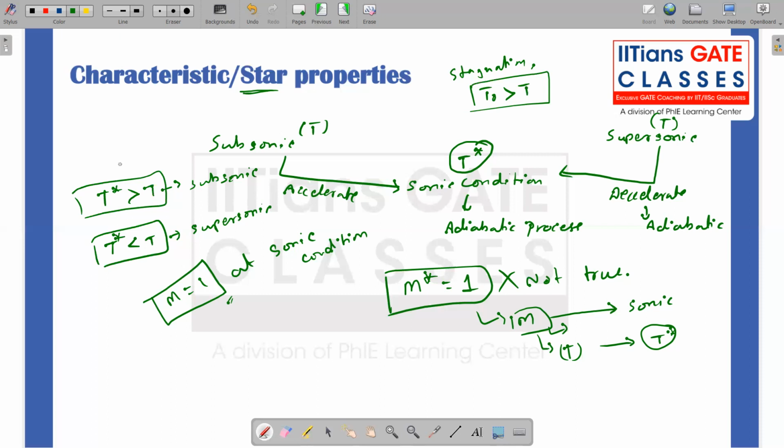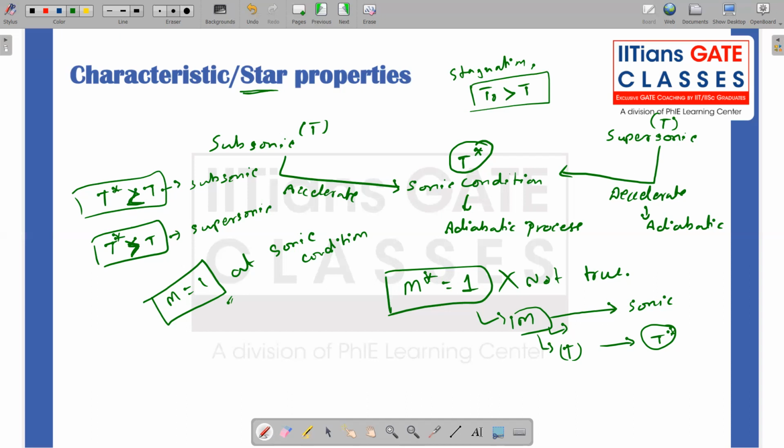Oh, sorry, T star is less than T for a subsonic flow, whereas it is greater for supersonic, because we are converting some of the dynamic energy to a dynamic temperature into this temperature, so it goes to higher values in supersonic.